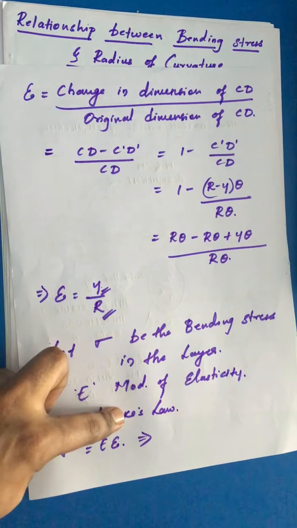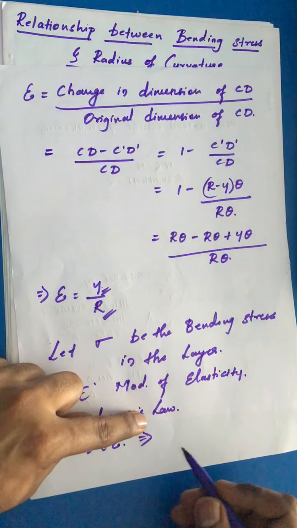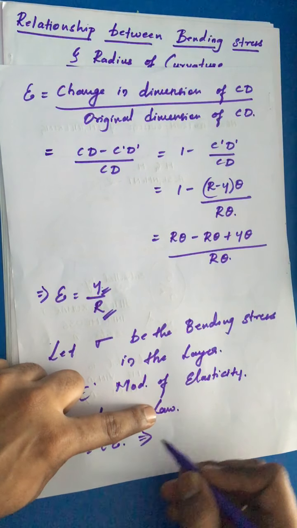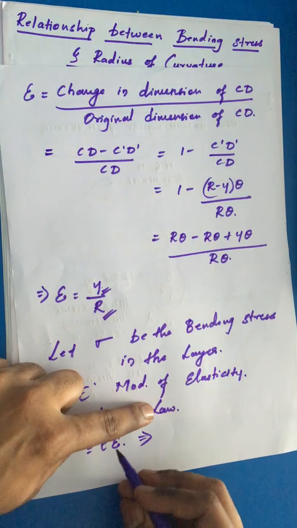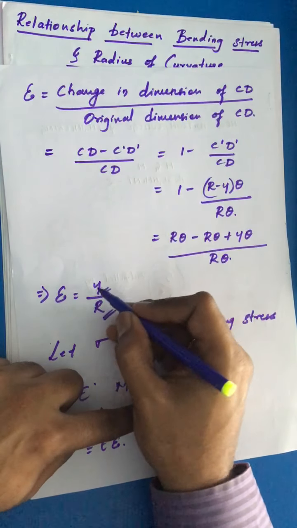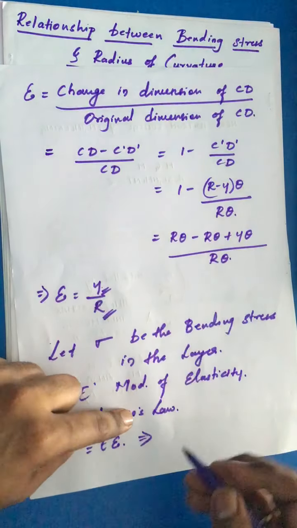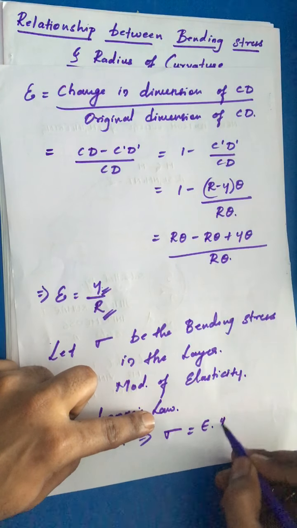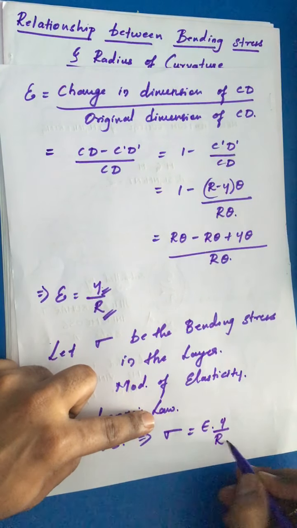We have found epsilon to be y by R. So sigma I can write as E into y by R.